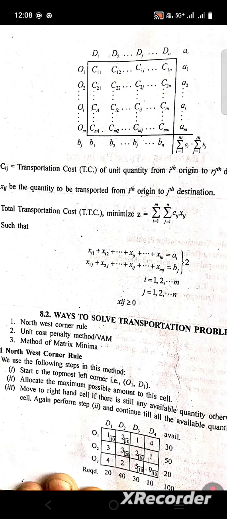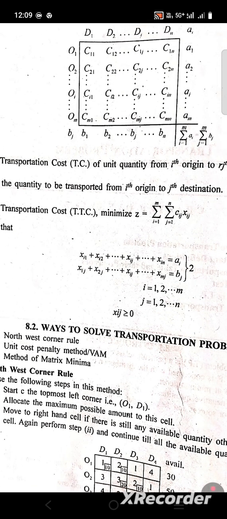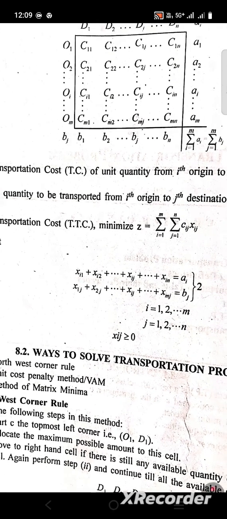We want to transport goods from the origins to the destinations, and this is the transportation cost: C11, C12, C1j up to C1n, C21, C22, C2j up to C2n, up to Ci1, Ci2, Cij, Cin, up to Cm1, Cm2, Cmj, and Cmn.